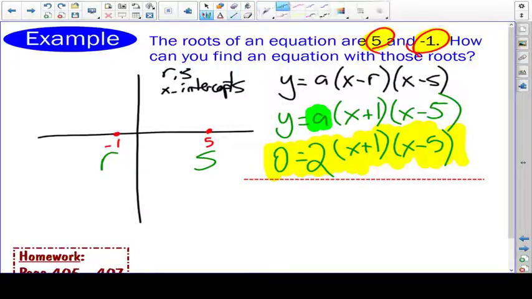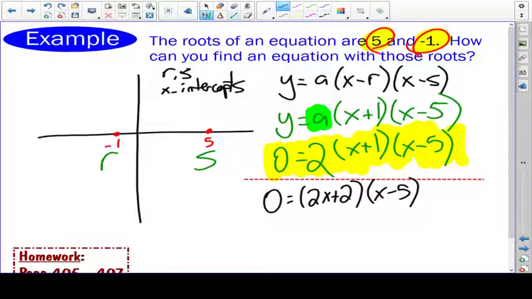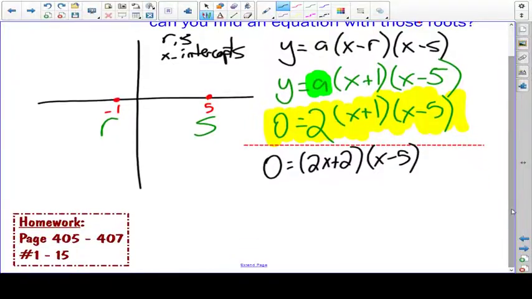We have to multiply x plus 1. First thing I'm going to do is multiply 2 by both of those things. If I multiply 2 by both of those things, I'm going to get 2x plus 2 inside the bracket, and the 2 is used up. So now I've got 2x plus 2 times x minus 5. Then I just have to multiply both of those brackets together.